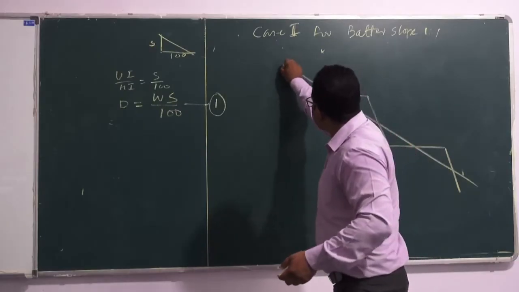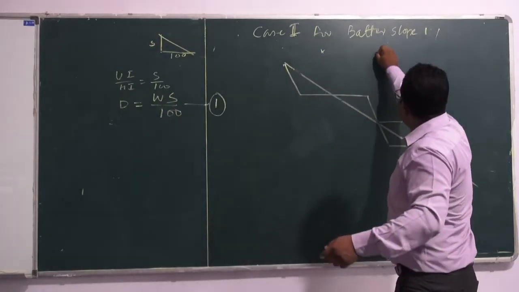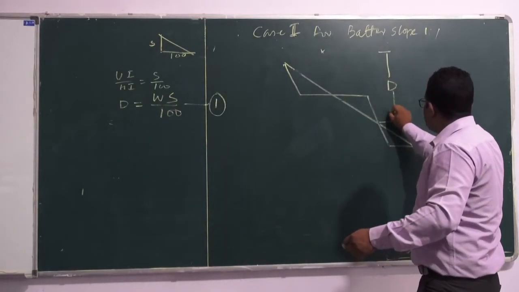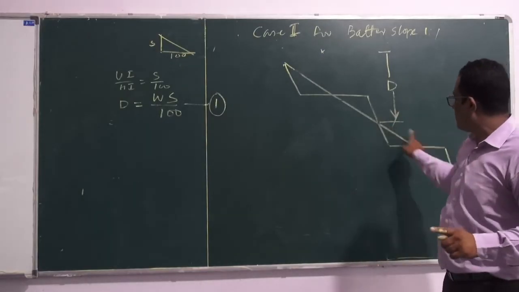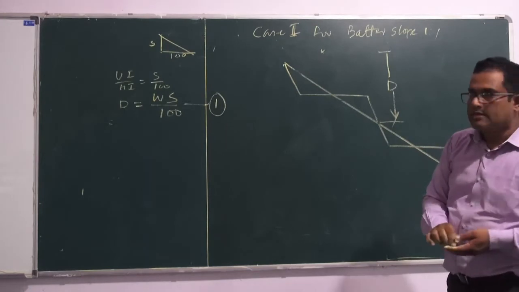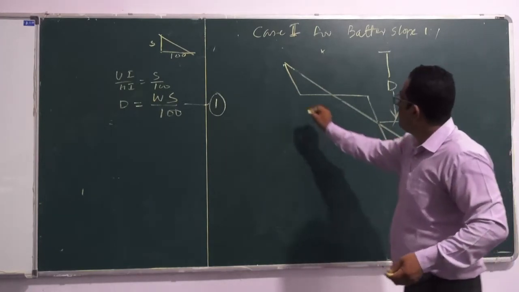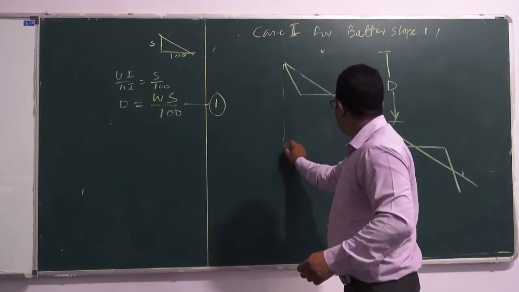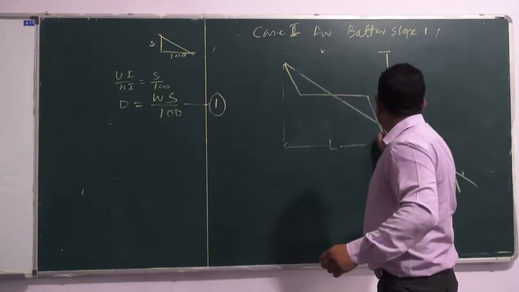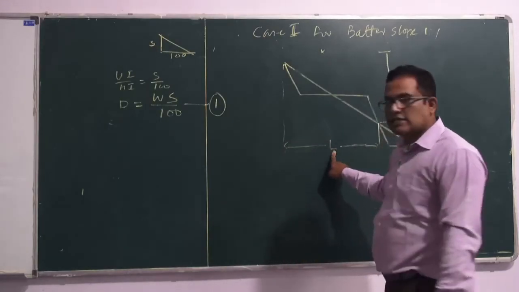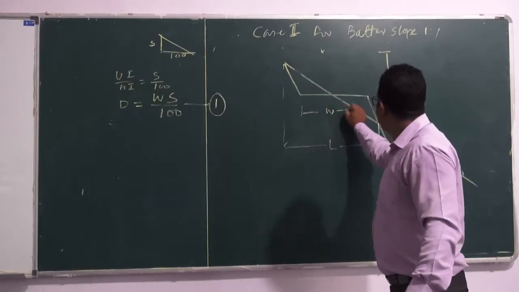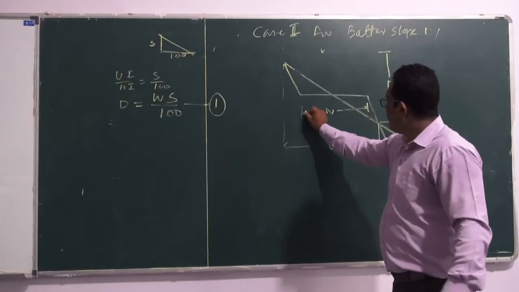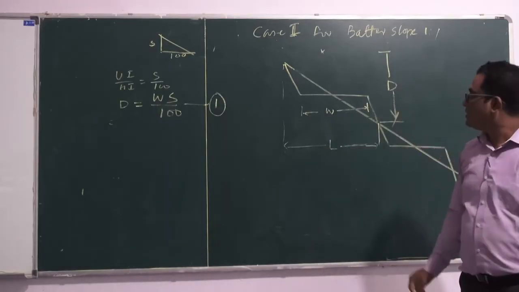So here, this is the vertical spacing between two successive benches. This is D. This is the horizontal spacing L, and this is your width of your bench terrace.